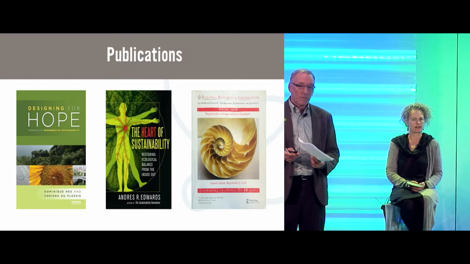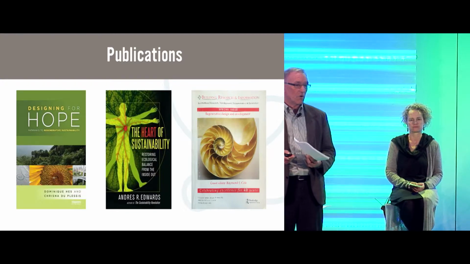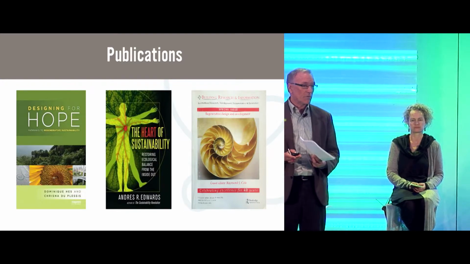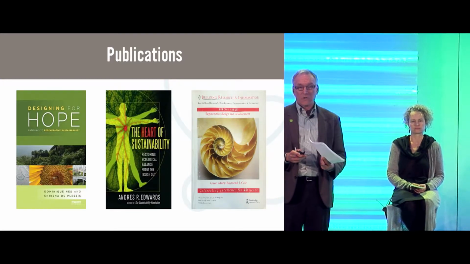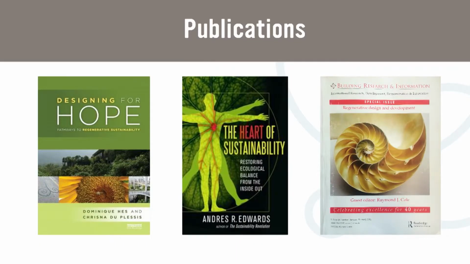All right. If you are interested in learning more about lenses, here's a few different sources for you. An inspiring book, as you can imagine by its title, that just came out this year is called Designing for Hope. The two authors, one from University of Melbourne, Australia, the other from University of Pretoria in South Africa.